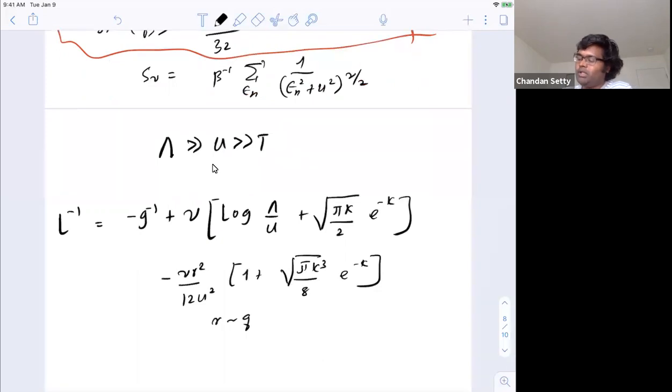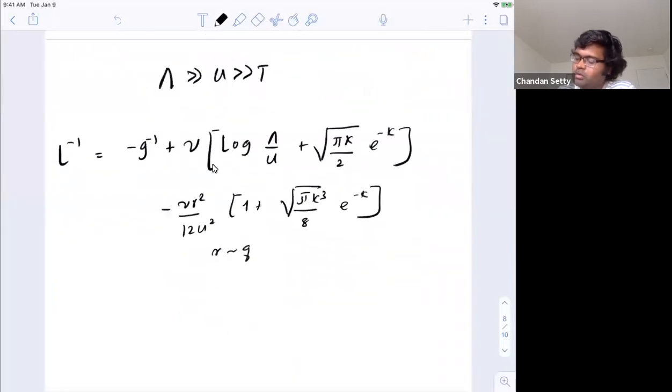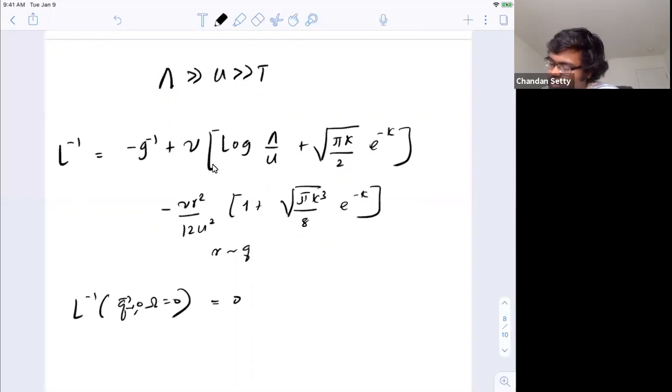How do I get an instability? This depends on Q. When I look for an instability, what I need to do is look at the limit where Q tends to 0 and omega equals 0, and I equate this to 0, in which case I lose this term. So this is 0.